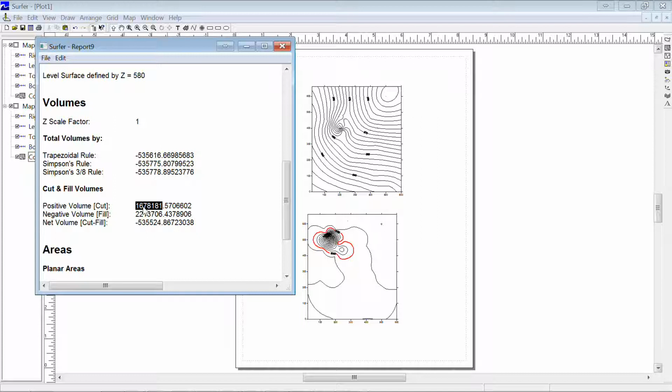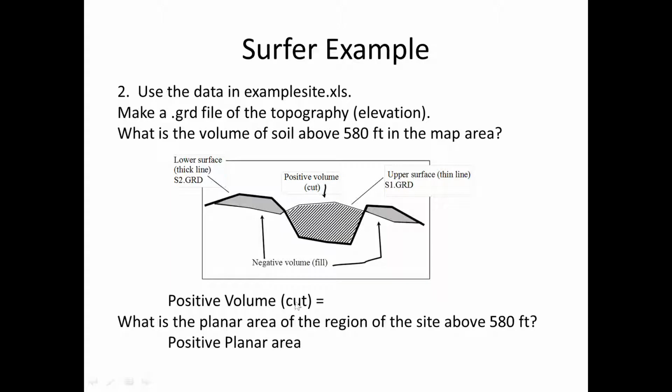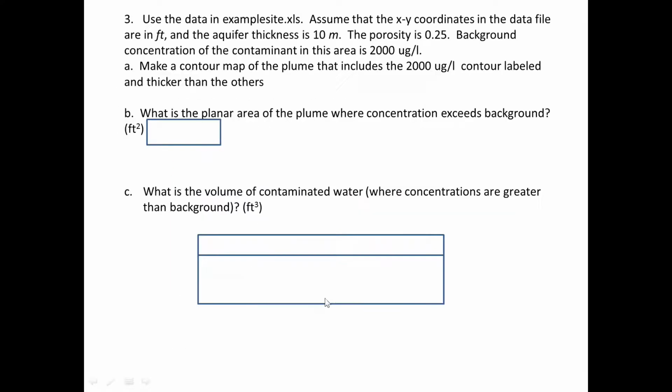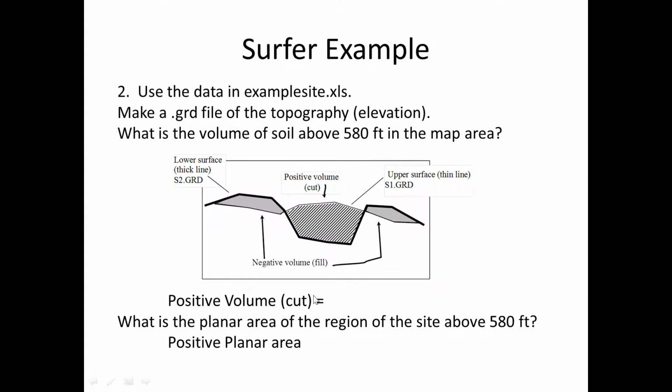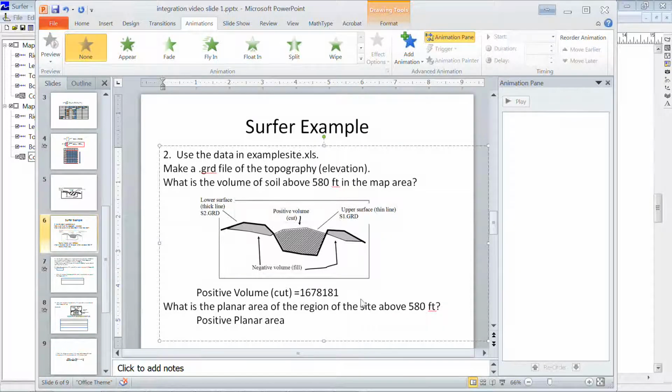This is the volume, and we can just cut it out of here and go back to the slide. So the positive volume, just paste in there, and this has units of, well, this is the integral of the elevation over this surface area.